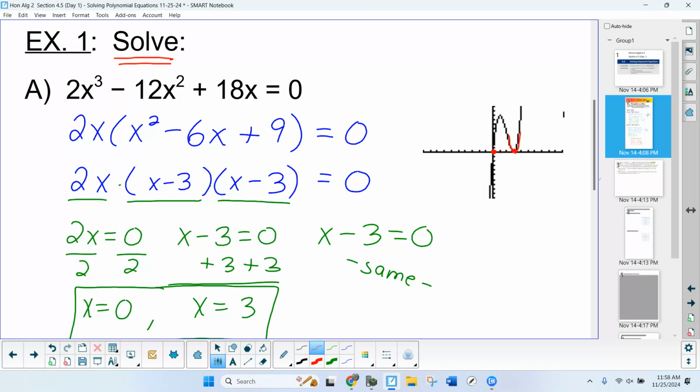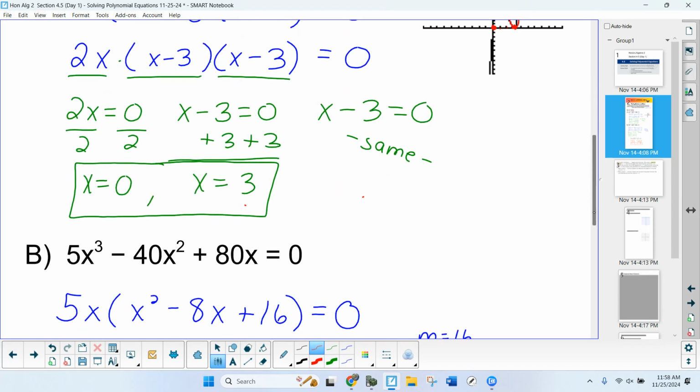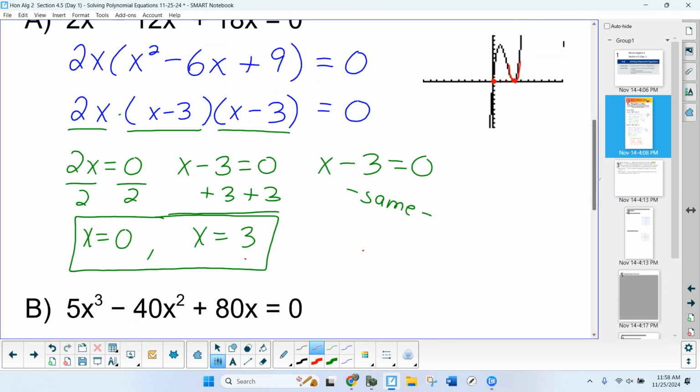The reason it does that is because how many 3s did I have? 2. Sometimes in an old textbook that I taught out of, it would say with a multiplicity of 2. That means that this occurred how many times? Twice. So if the graph has an even multiplicity, it touches and goes back up.